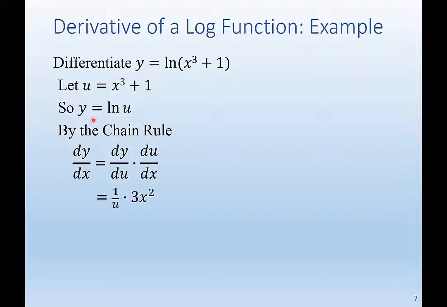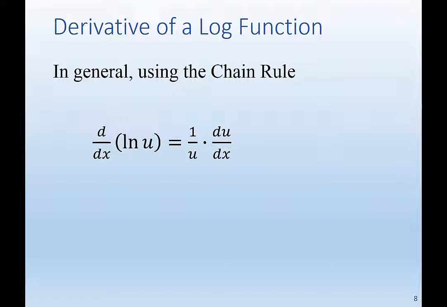So the derivative of y with respect to u is 1 on u, and the derivative of u with respect to x is 3x squared. We'll replace the u once again with the x cubed plus 1, and then that gives us the derivative of y with respect to x, all in terms of our variable x.